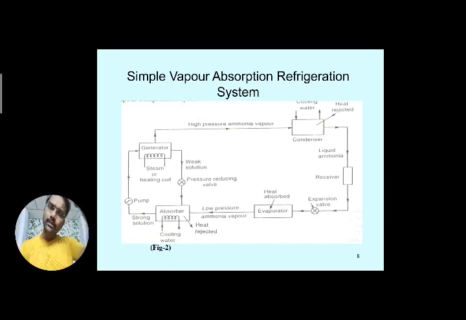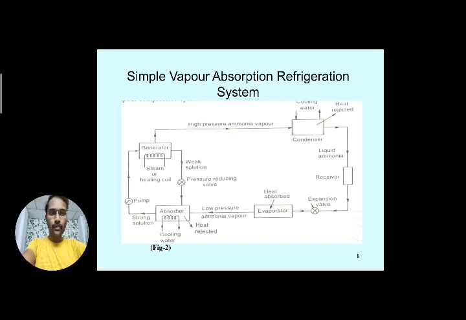Next, the remaining components after the generator. See the line diagram, the arrow mark indication is showing that high pressure ammonia vapor is entering the condenser, then the receiver, then the expansion valve, and next to the expansion valve, the evaporator.